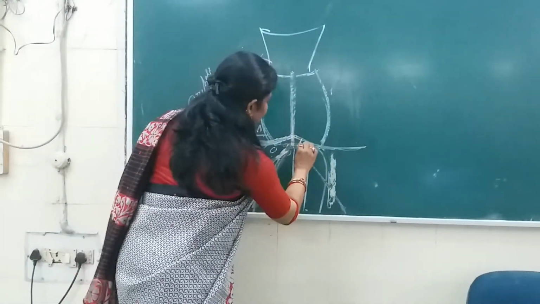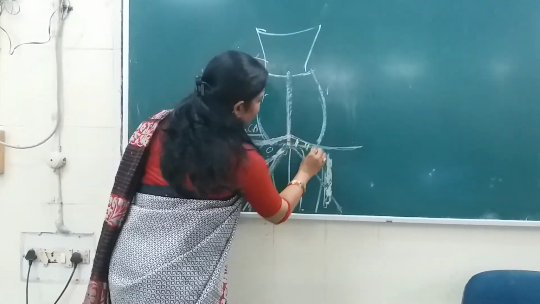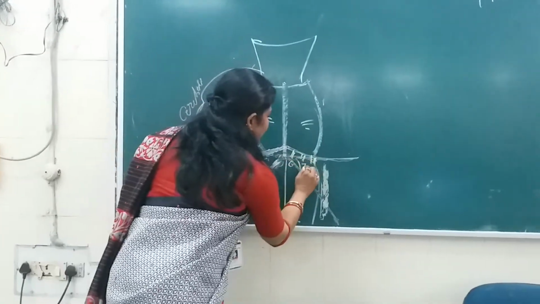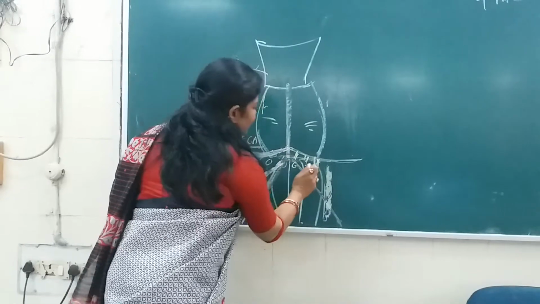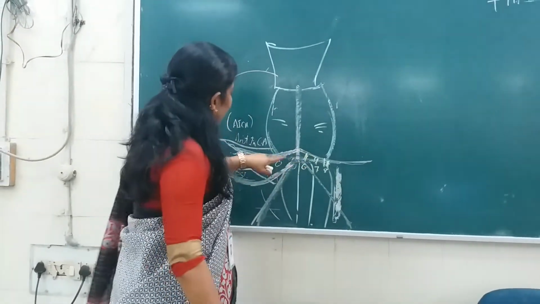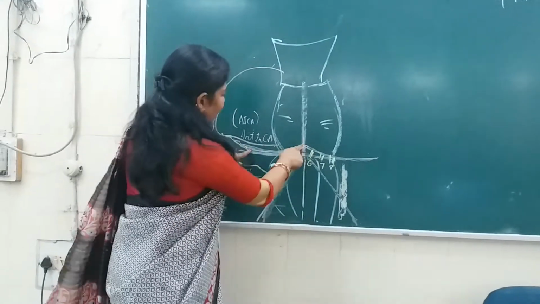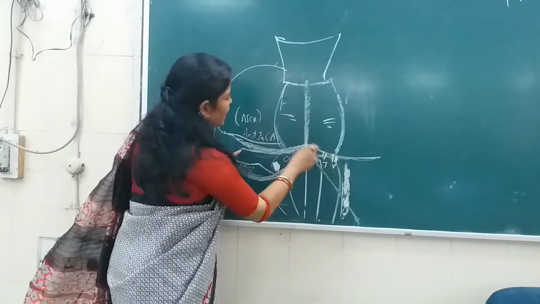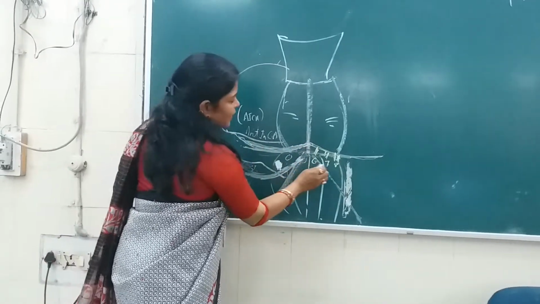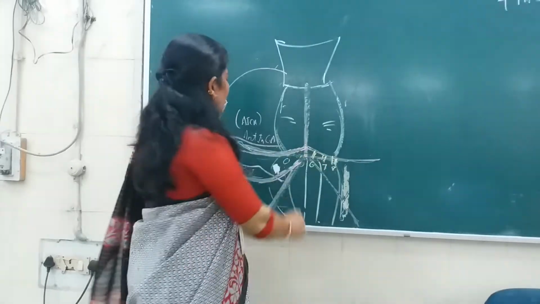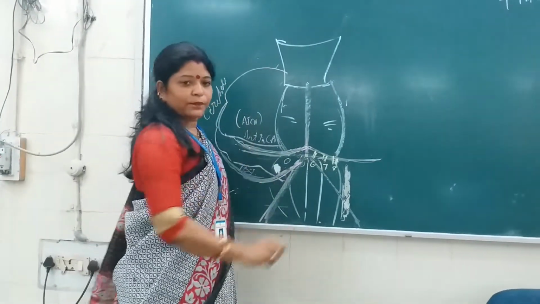From this pontomedullary junction arise the 6th, the 7th and the 8th cranial nerves. And this AICA traverses superficial to these 3 cranial nerves, 6, 7 and 8, ventral to these cranial nerves, and supplies the cerebellum.